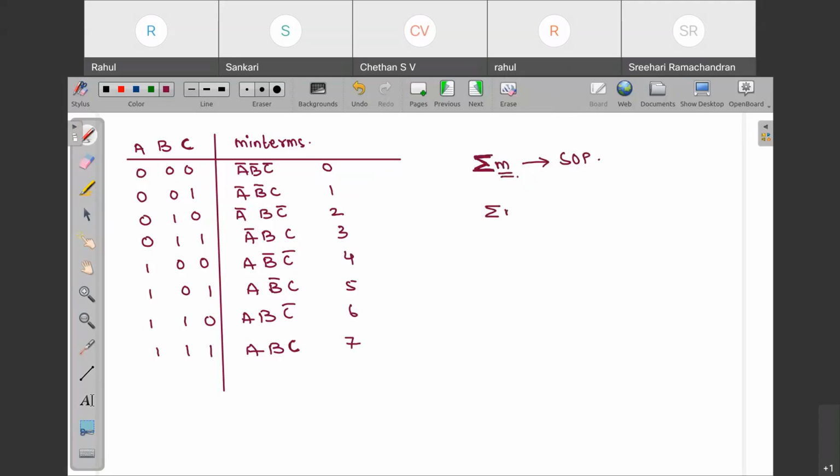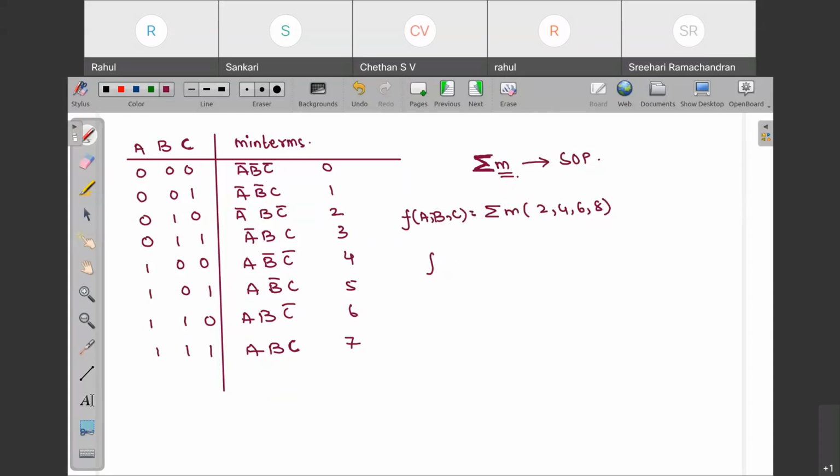Suppose I have something like sigma m 2, 4, 6, 8, and I write this as your function. I should have written it like: function of a, b, c is equal to this.